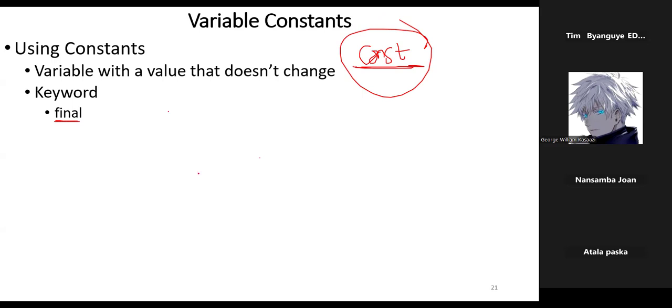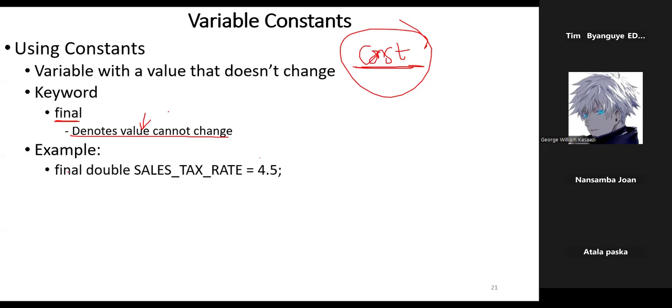So the keyword we use to create constants or variable constants is final. It simply tells the compiler that the value held in this variable cannot change. Here is an example of its usage: final double salesTaxRate equals 4.5. Now, the keyword is final, but the data type, okay?